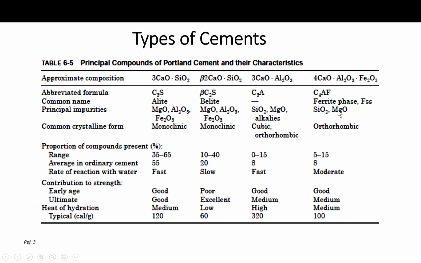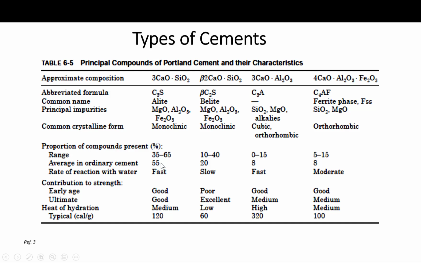And within the C4AF, silicon dioxide or magnesium oxide impurities are found. The common crystalline form: monoclinic for the C3S, monoclinic for the C2S, cubic or orthorhombic for the C3A, although I've seen more cubic than orthorhombic, but I've seen the orthorhombic. For the C4AF it is the orthorhombic crystal form.